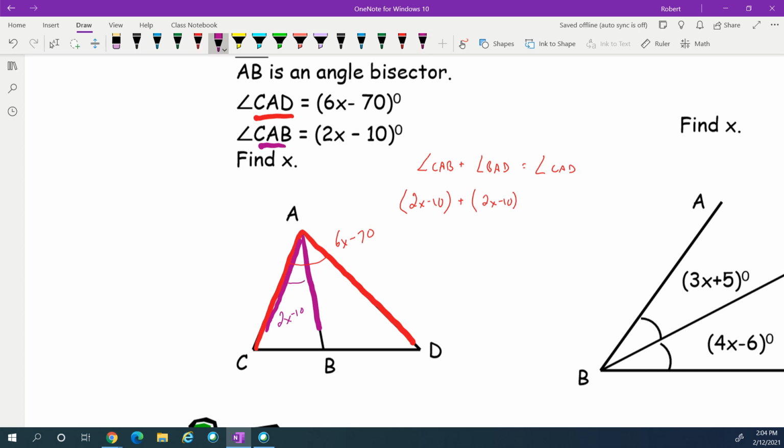If we bisect the big angle, we get two small angles that are congruent, and that will equal angle CAD. So again, we're reusing all of our knowledge from earlier in the year. 4x minus 20 equals 6x minus 70. So we're going to do a little bit of work here. We got 2x equals 50, and x equals 25.